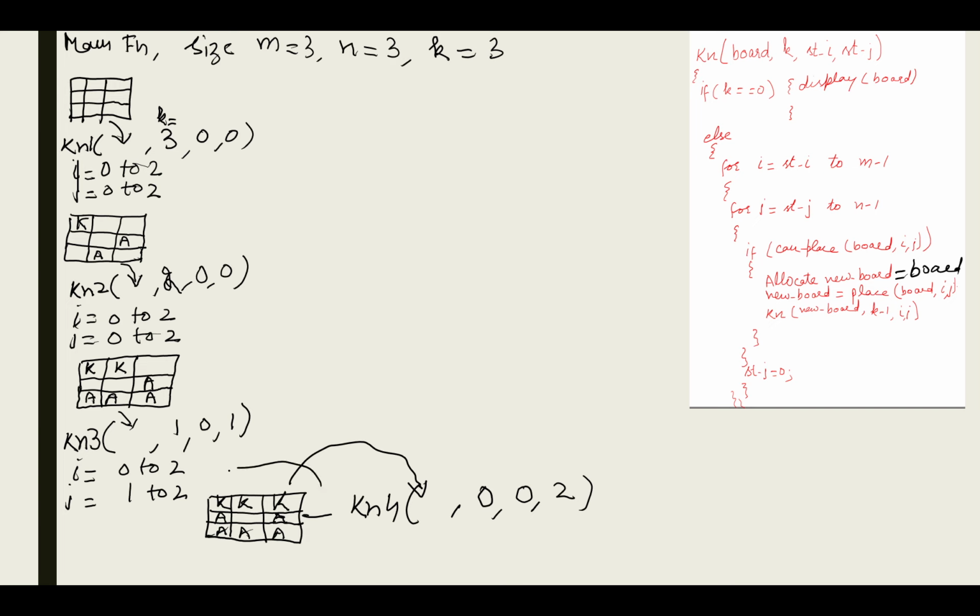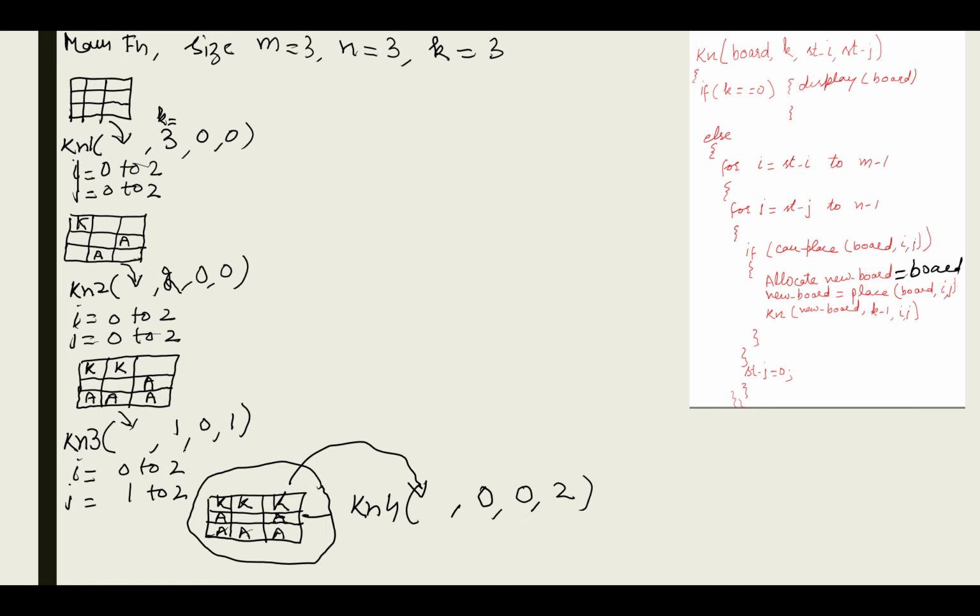This is the first board that gets displayed, and it is a correct board because there are 3 knights and no knight is attacking another. After displaying, as I said, we can also put a counter here, and then it returns back because everything else is in the else part. So here the function kn4 completes.